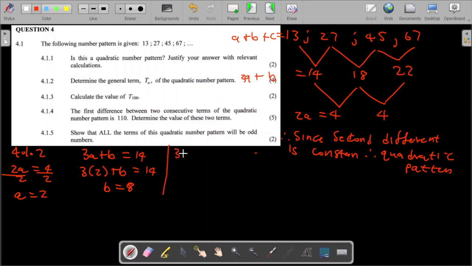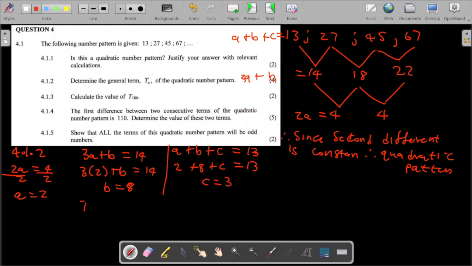Now the last one, a plus b plus c, is equal to 13. Now my a is 2 and my b is 8, and I'm looking for c. 2 plus 8 is 10, so my c is 13 minus 10, which is 3.